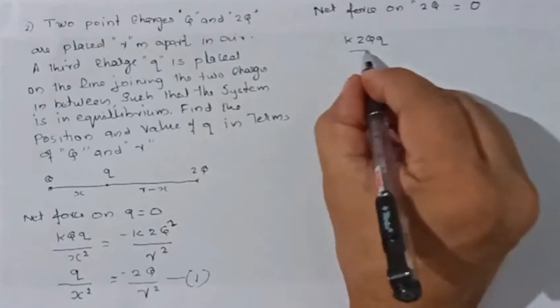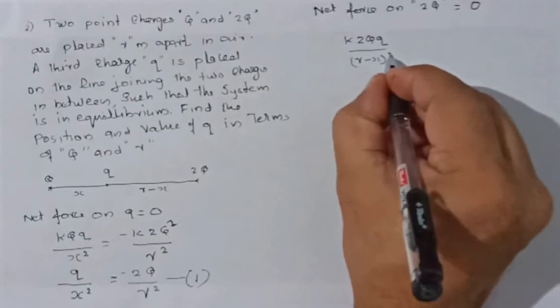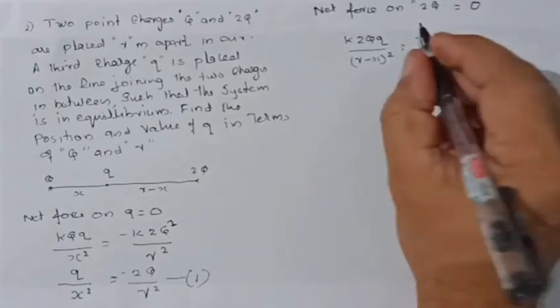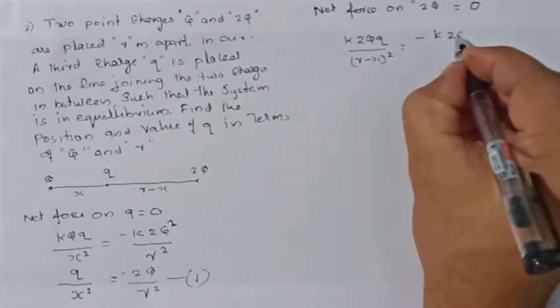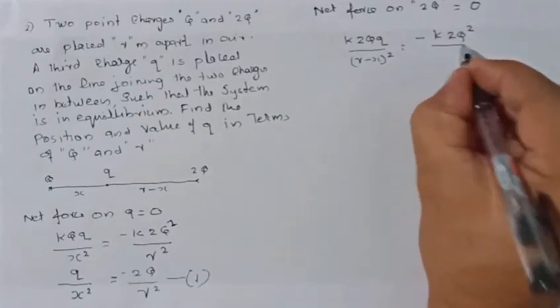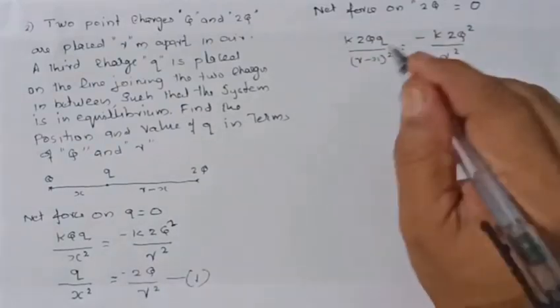So you can write k times 2Q q upon r minus x whole square is equal to minus k 2q square upon r square.